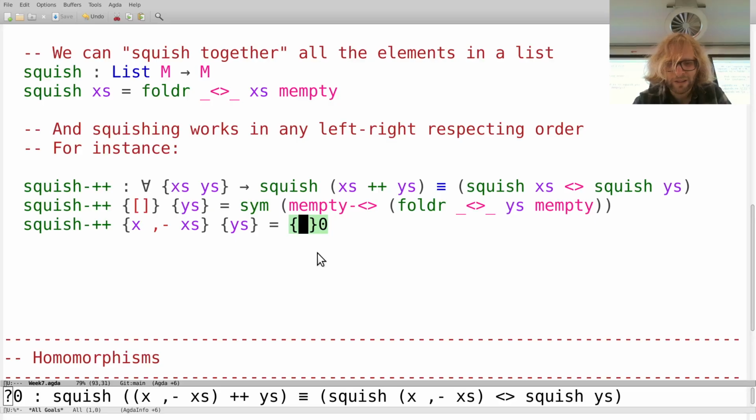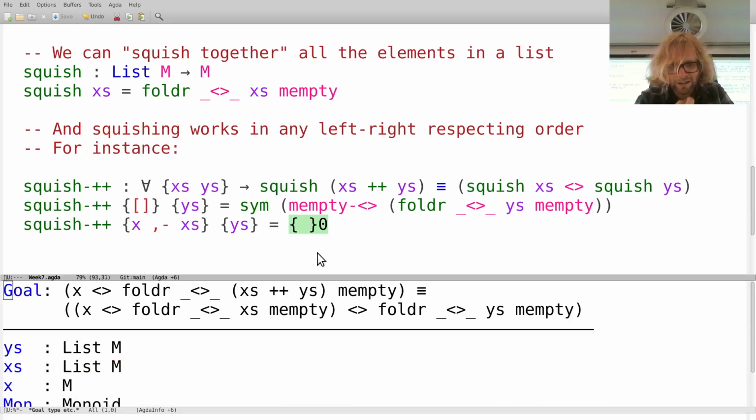What's happening here? Okay, so let's look at this. On the left-hand side, we have an x followed by this fold R. And on the right-hand side, we have an x followed by this, followed by that. But by the induction hypothesis, this fold R of this concatenation should be the same thing as this followed by that, right?